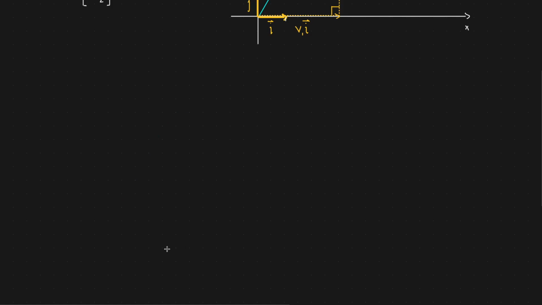So let me draw a big picture as an example here, because we're going to need to reference it. Say we have vector v here, and we're interested in how much of vector v is moving in the direction of some other vector. Let's call it vector d. What is the component? How much of vector v is moving in the direction of vector d?